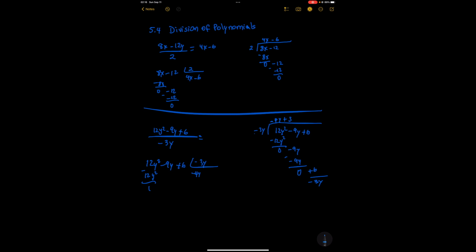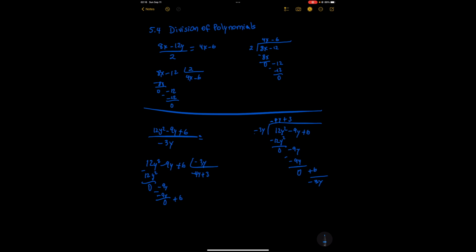You subtract, and it's equal to 0. You put down the negative 9y. And you multiply negative 3y times a positive 3 to get negative 9y. And you subtract them, that will equal 0. And you add the 6 at the end. And there is nothing else you can do.